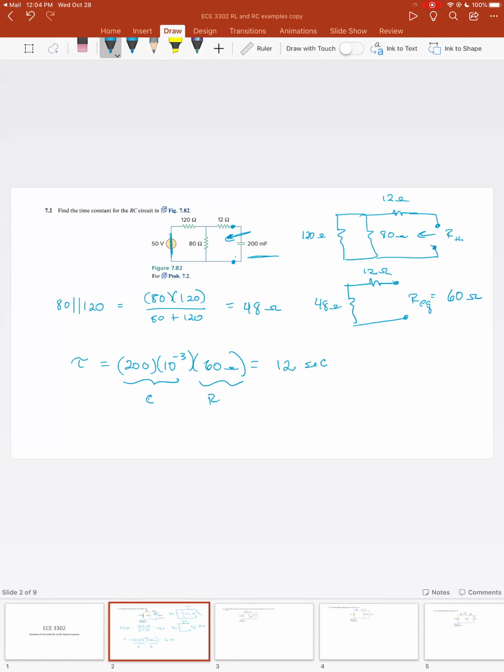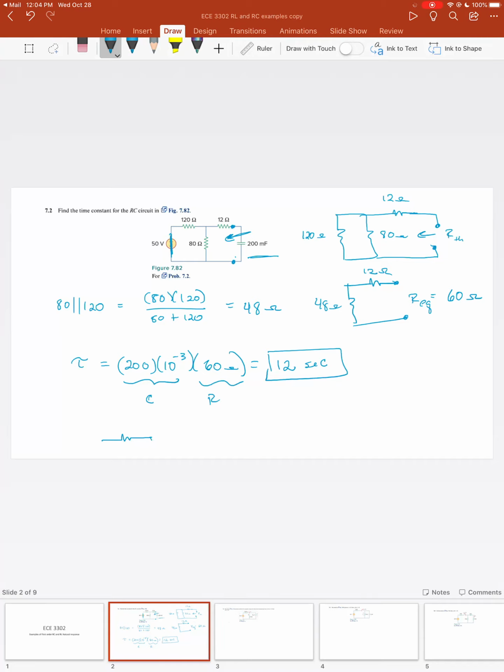Let's see, is that right? 6 and 2, that's 12,000, or 12 times 10 to the third times 10 to the minus third. They cancel out, so it looks like I'm going to get 12 seconds. So moral of the story on this example, you have to combine all of your resistors into an equivalent resistance.